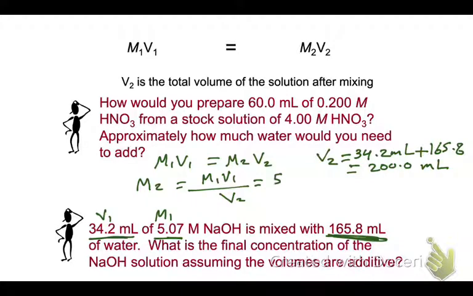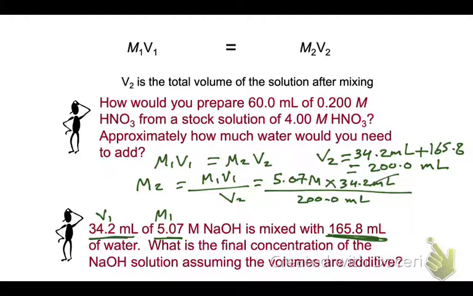and the answer here, M1 is 5.07 molar times volume 1, which is 34.2 milliliter, and you will see why I can keep it milliliter, because V2 is 200 milliliter.